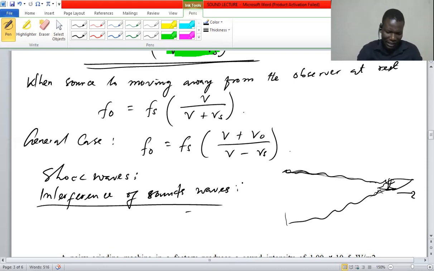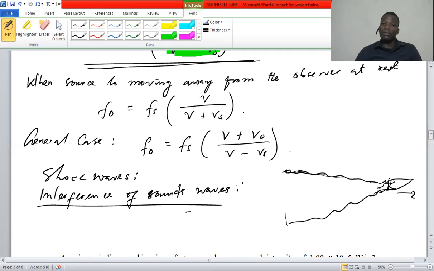Interference actually is where you have two or more waves that are moving, and the wave that is produced when you add these waves of the same frequency is either going to be a constructive wave or a destructive one. It's going to be destroyed or it's going to be constructed. In constructive interference, you have a wave produced with an amplitude higher than the individual waves.